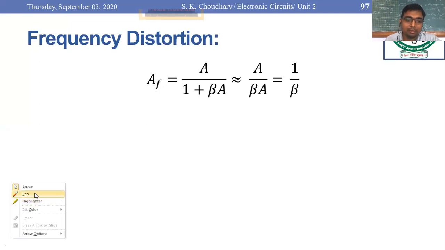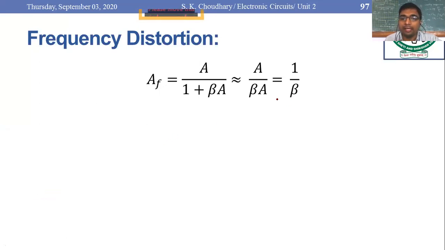So you can write AF is equivalent to 1 upon beta. Means your gain would mostly depend upon the feedback factor beta, that is made up of passive elements, either resistor, capacitor, or inductor.